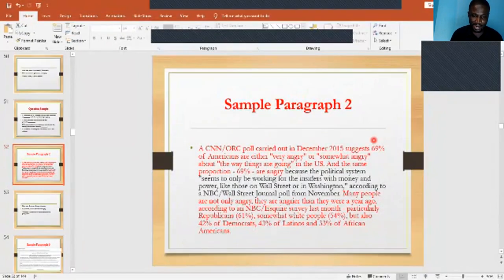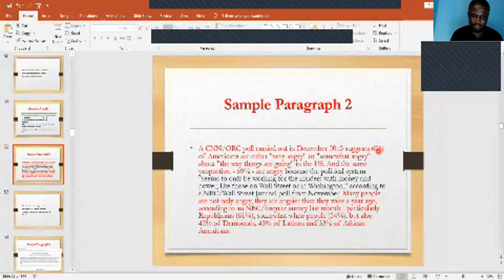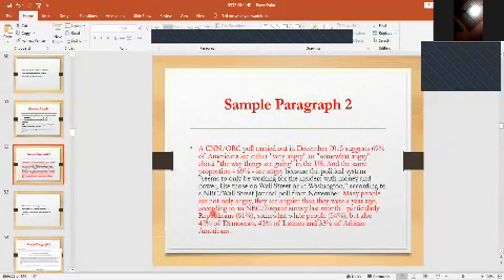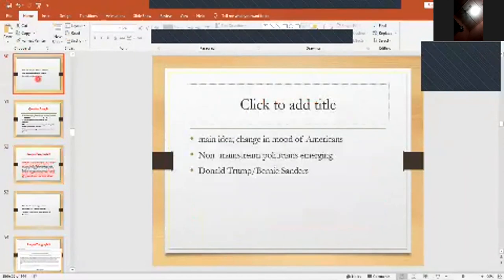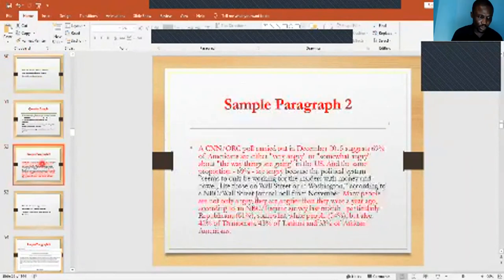If you look at this paragraph now, they kept repeating 60-something percent, 69%, very angry, somewhat angry, then 61%, 54%. So it is talking about a breakdown of people's anger. So even if you are confused about the passage, look at the keywords that are repeated in that paragraph. They will show you the central idea of the paragraph. So if you are confused about how to break them down, look at the keywords.